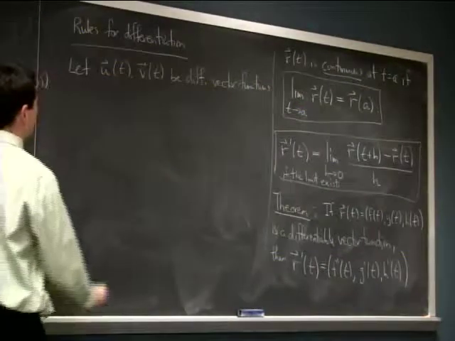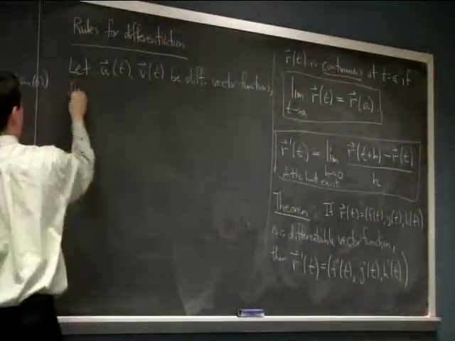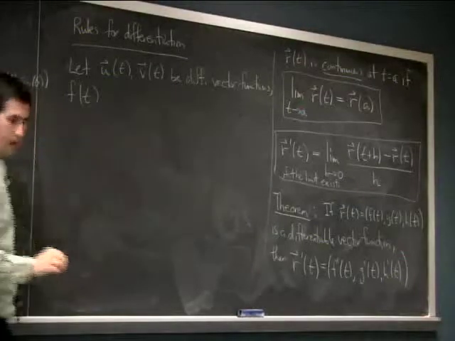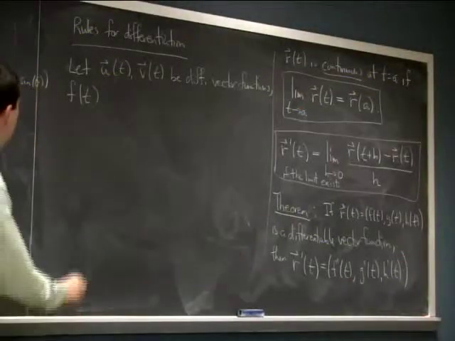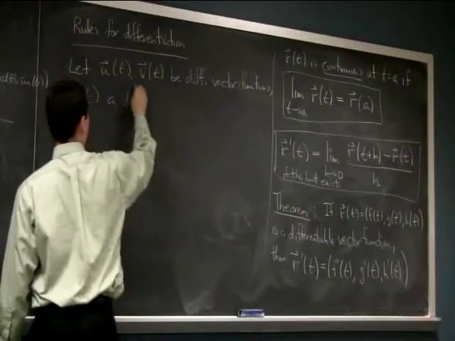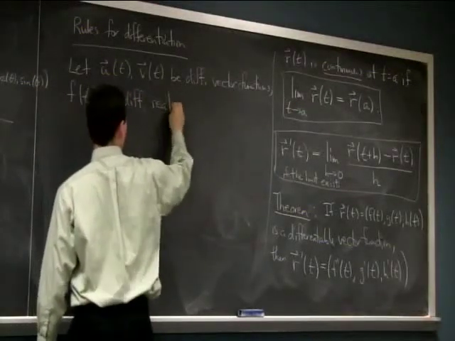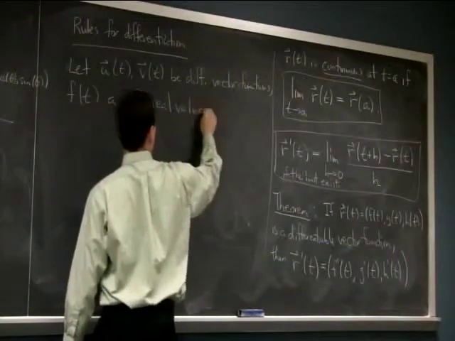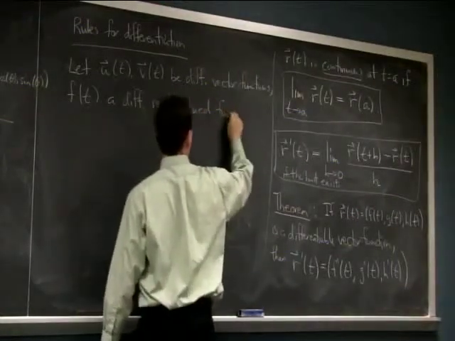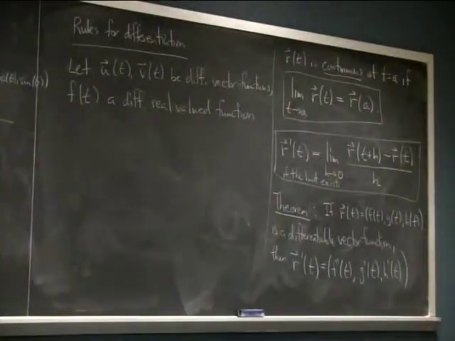And f of t should be a differentiable real valued function. Okay, so f is not a vector function, it's just a regular old function which has a derivative.